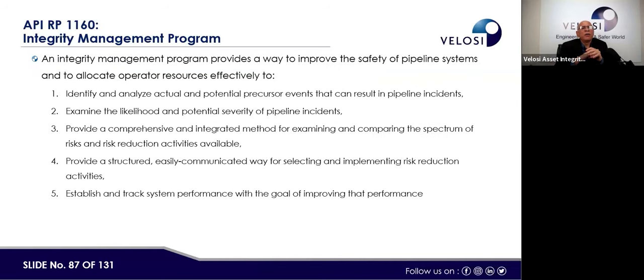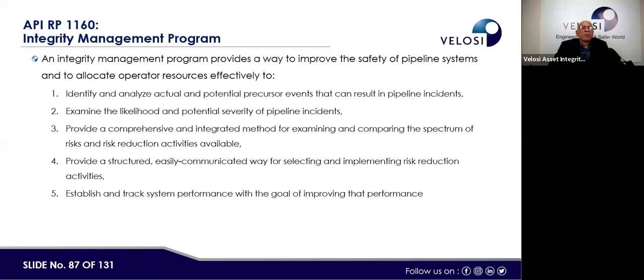Now the integrity management program, if I go to the next part, that is the same program and basically process. An integrity management program provides a way to improve the safety of the pipeline system and to allocate operator resources effectively, to identify and analyze actual and potential precursors, events that can result in a pipeline incident, and examine the likelihood and potential severity.